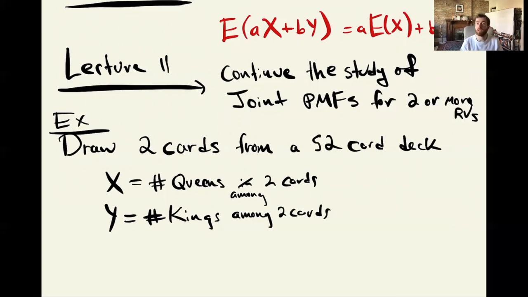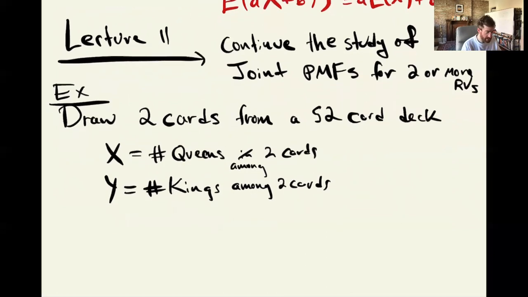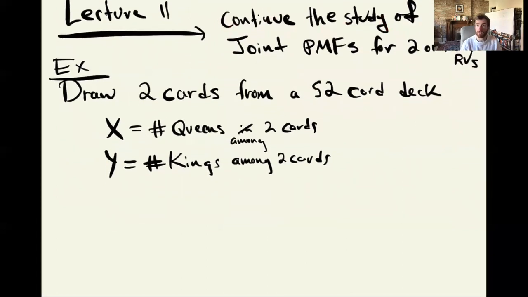So the first thing you need to do when you have a pair of random variables is you need to start asking some basic questions like, how do these vary together? And this is all encompassed by studying the Joint PMF, which essentially just records the and probabilities for each possible outcome of the two random variables. So let's do this.